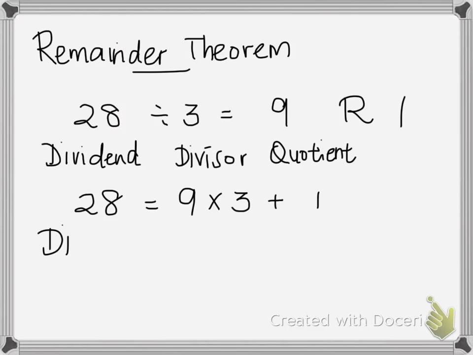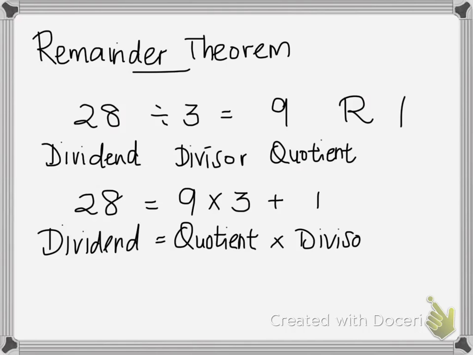So the dividend is the quotient multiplied by the divisor, add the remainder. Okay, so this is how it goes, correct?